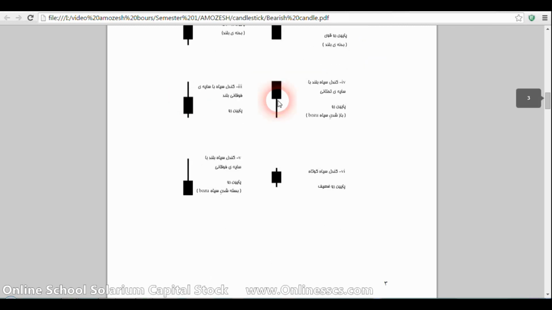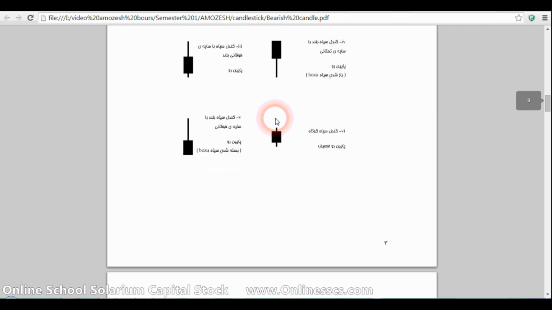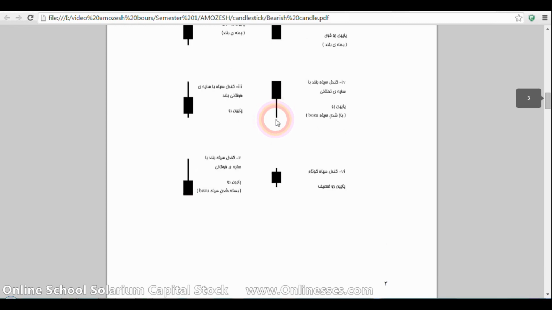Now we have candles with shadows and without shadows. I tell you the important ones.